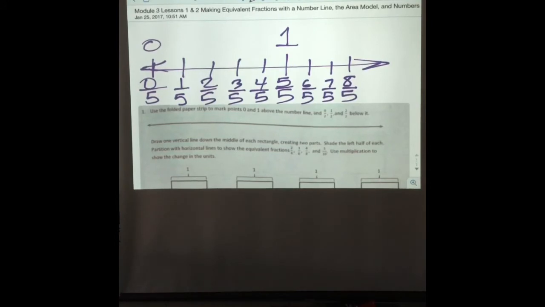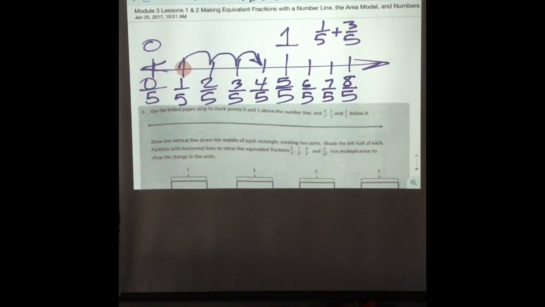So let's say I have 1/5 plus 3/5 is my problem. I like to call this the red rubber ball. So I could put my red rubber ball here, right? And then I'm going to add how many fifths to it? 3, right. So I'm going to go over 1, 2, and 3.